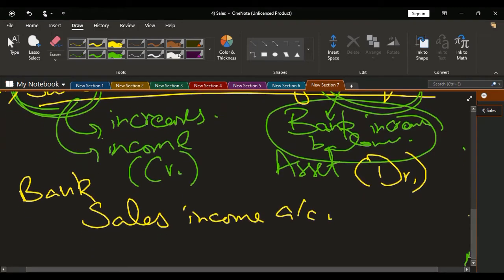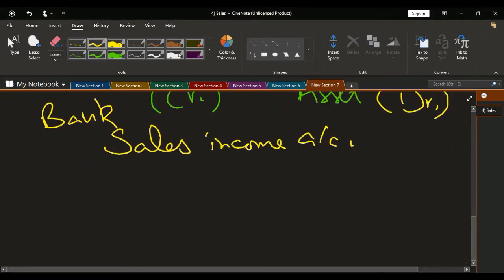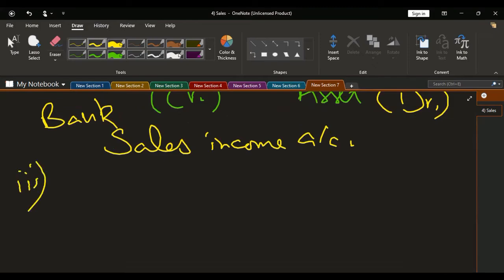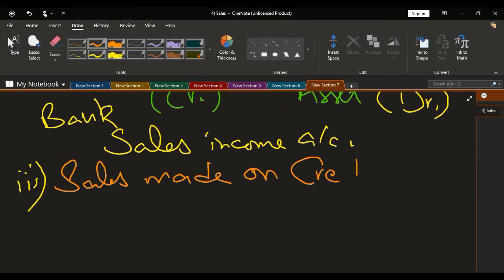Now move to the third example. Sales made on credit. Credit means that our customer has not paid for the items that he has taken from us. He has agreed with us that he will pay for these goods or services at a future date.